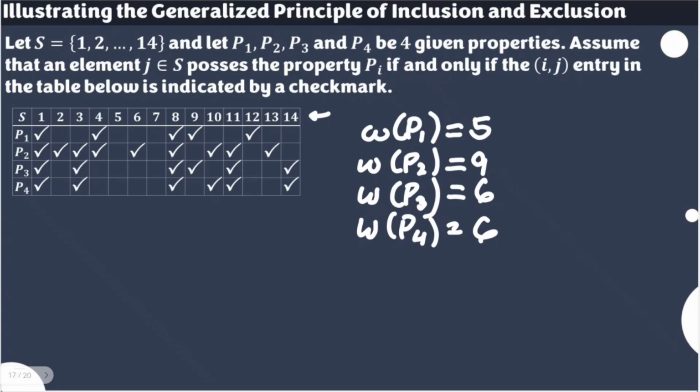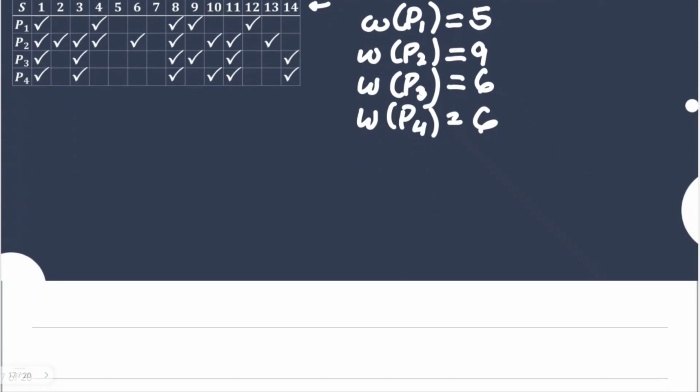Now, of course, we're going to talk about the generalized theorem for the principle. It's defined in this manner: the E of M, that is, how many elements are there which possess exactly M characteristics?